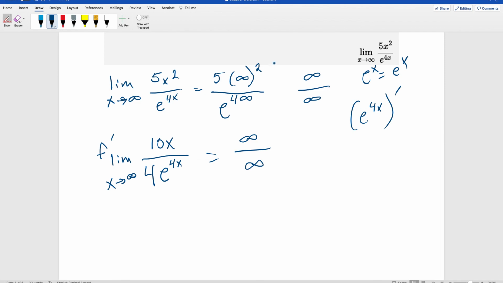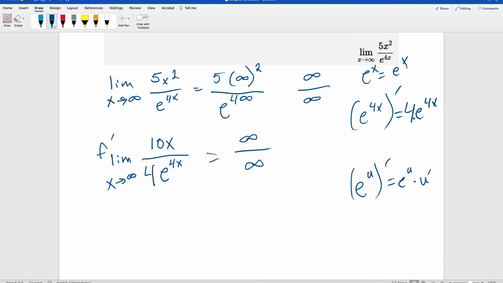Earlier in the book they use a letter u, and say e to some other function, when you take its derivative, is e to the u times the derivative of u. So e to the 4x is its own derivative, and then when we take the derivative of the exponent, the derivative of 4x is 4, and that multiplies in front, not up in the exponent, down in front.